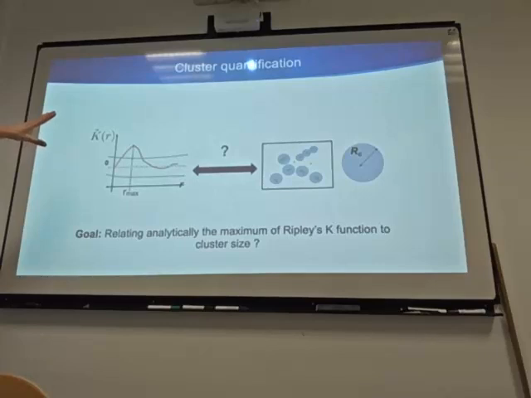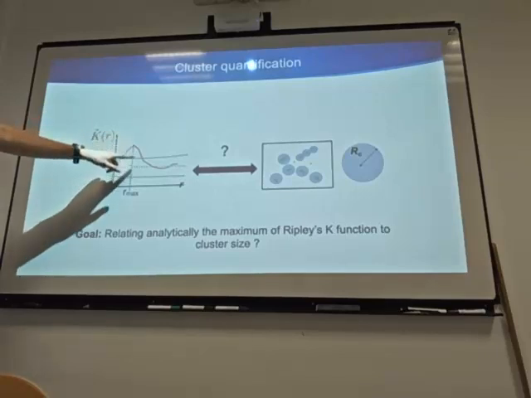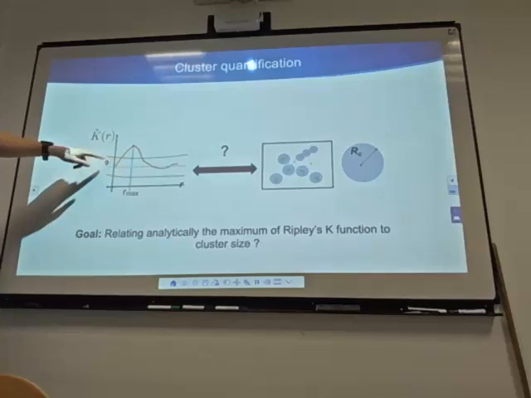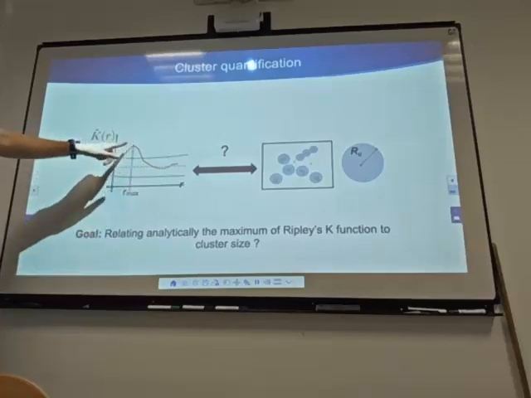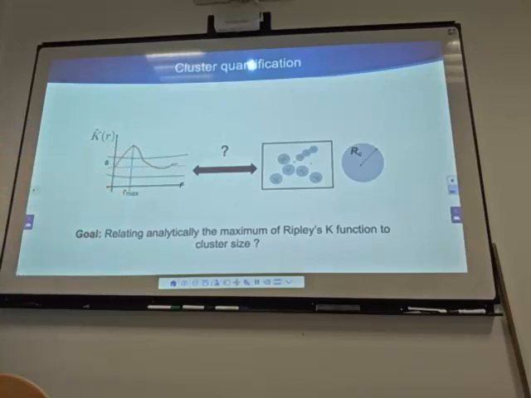If you have a K distribution like this, that is above the quantile, so here you have something, and based on the maximum and where it is reached, if you have a model for the clusters, you can extract the mean size of clusters, which can be interesting. So this is just to illustrate that you can also have access to some characteristics of the clusters based on fitting a model to a curve.